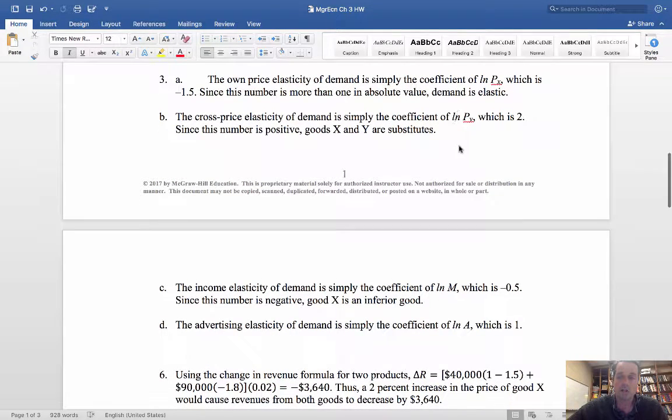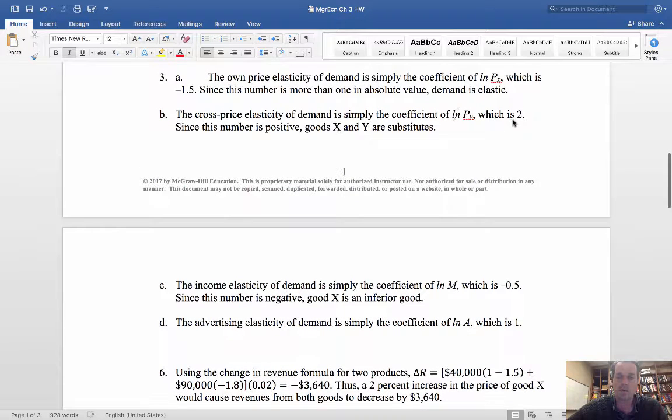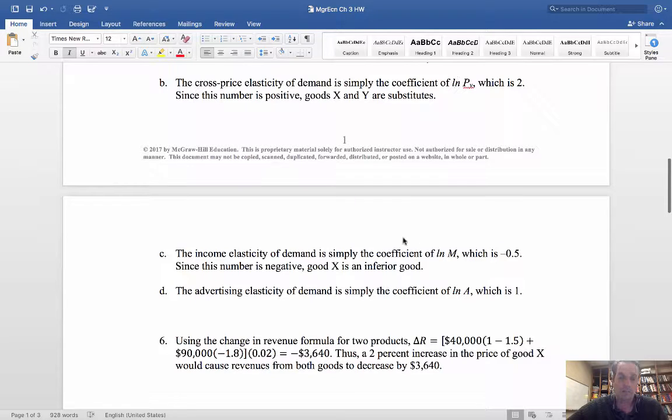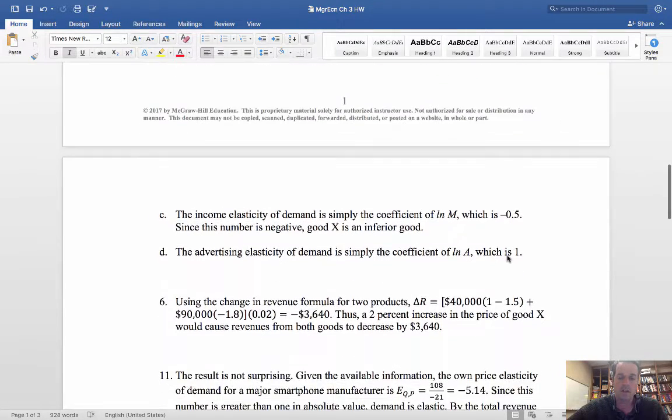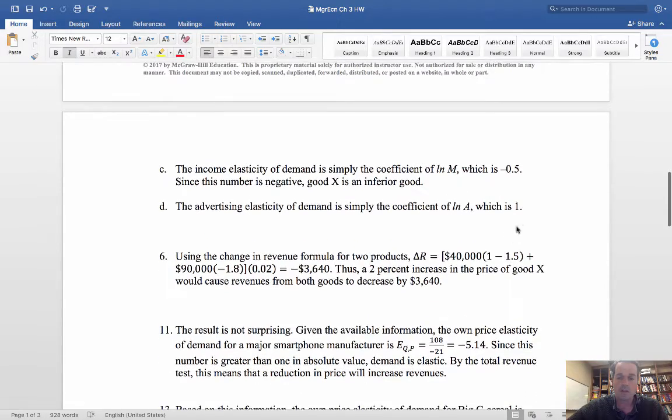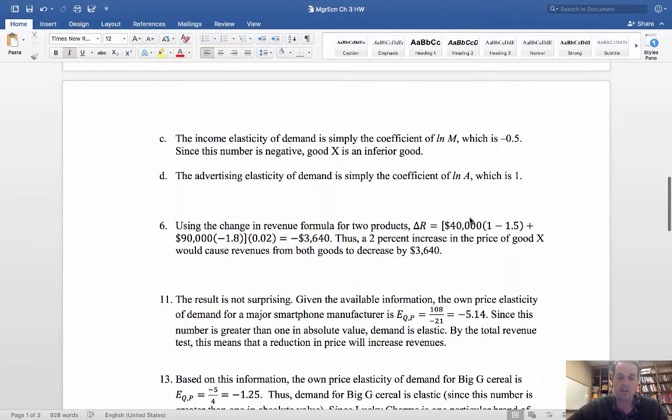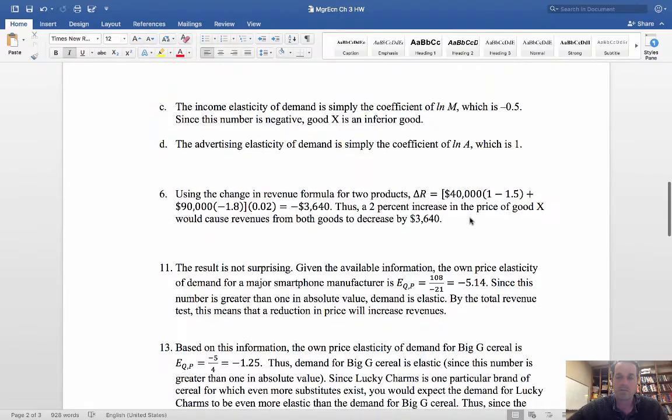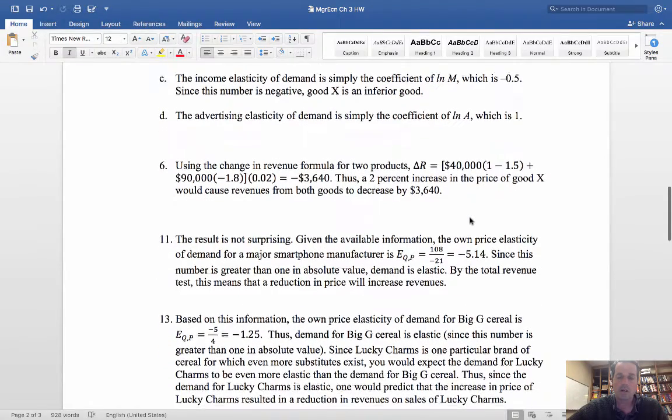Again, the nice thing about this, if you trust the math, so to speak, is you're just pulling coefficients off the associated variable. So the cross price elasticity is the coefficient 2. The income elasticity is minus 0.5. And then there's a 1 on advertising, so it's unit elastic.